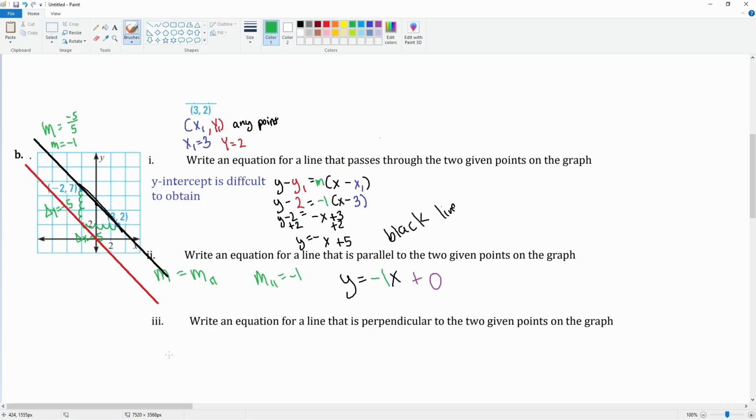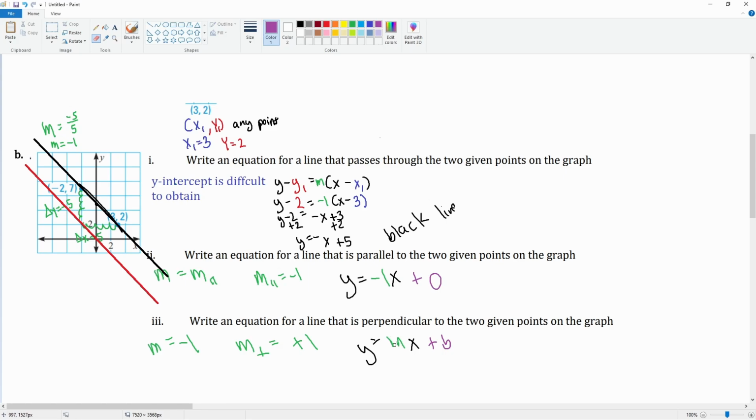So if m is equal to -1, the perpendicular slope, the upside down t, is equal to the opposite: the negative becomes a positive, and you flip the 1. 1 over 1 is just 1. So the perpendicular slope is just a positive 1. Let's write the equation. y is equal to mx plus b.